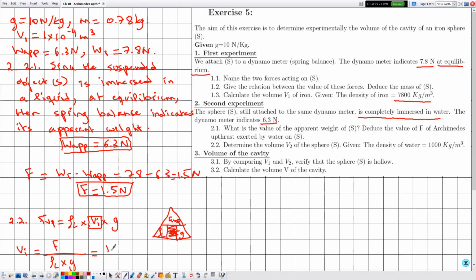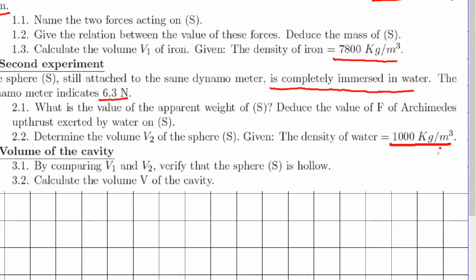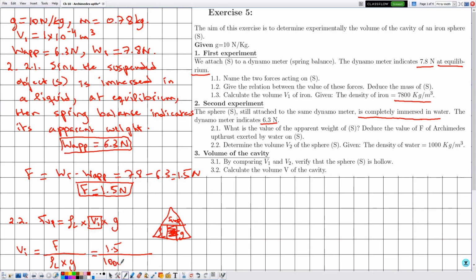Now 1.5 divided by the density of this liquid, which is water, 1000 in the SI, multiplied by 10, the value of g. Plugging this fraction on the calculator, it will give us 1.5 times 10 to the power minus 4 meter cube. So the volume Vi is given by 1.5 times 10 to the power minus 4 meter cube.